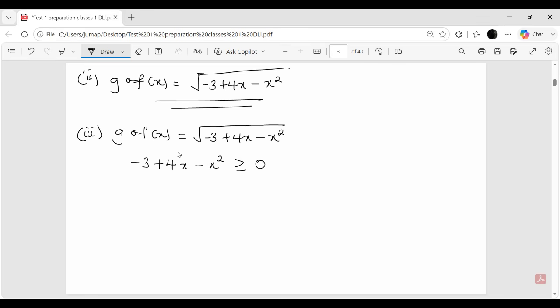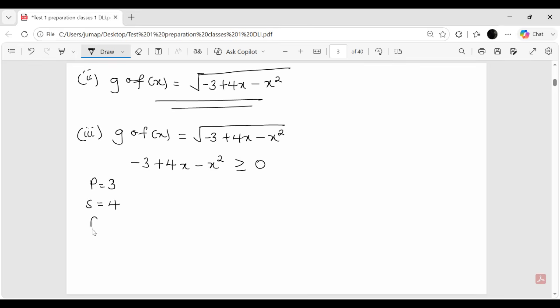Looking at the way this function is, let us solve the inequality that we have now. Let us try finding the product. The product of this one is negative 3 times negative 1, that will be 3, and the sum is equal to 4.